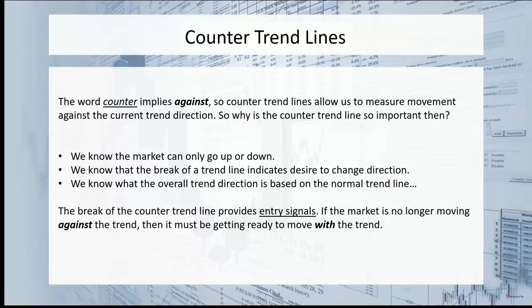Since a break of a trend line is indicative of a change in direction, if we start to measure not only with our overall trend line, which lets us know who generally is in control, but also draw a smaller trend line against the trend direction to monitor when the market is not moving in the direction of the trend, then it stands to reason that when the market breaks that, it's no longer moving against the trend, so it must be getting ready to move with the trend.